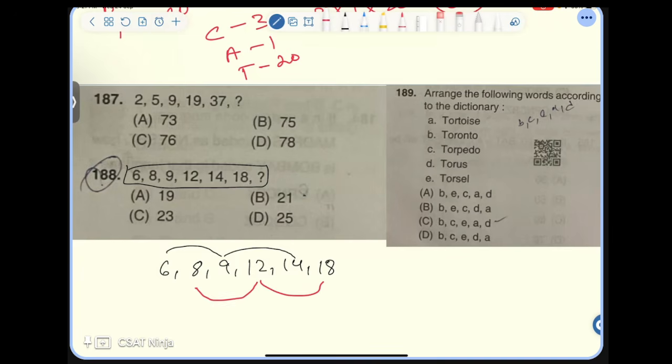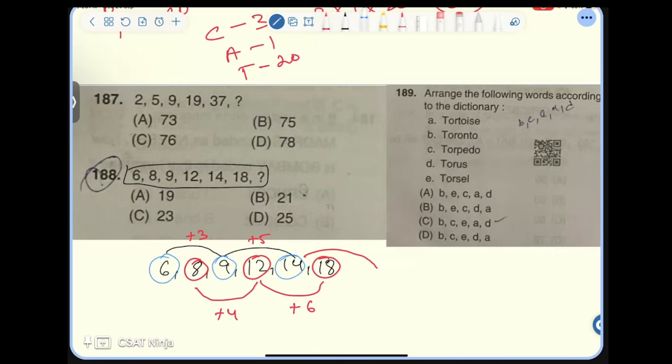Let's check. 3 plus how much is 6? Plus 3. 6 plus how much is 9? Plus 3. 9 plus how much is 14? Plus 5. 8 plus how much is 12? 8 plus 4. 12 plus how much is 18? Plus 6. So there's a plus of even numbers and a plus of odd numbers here.